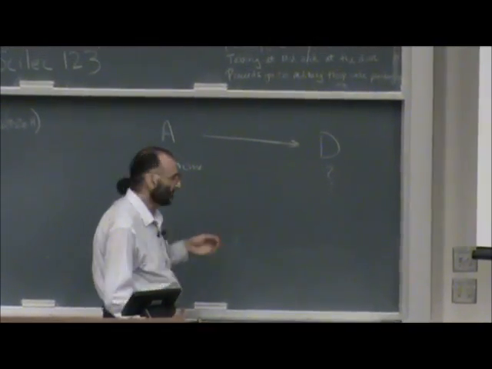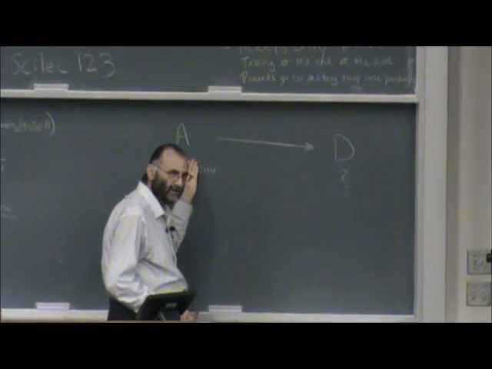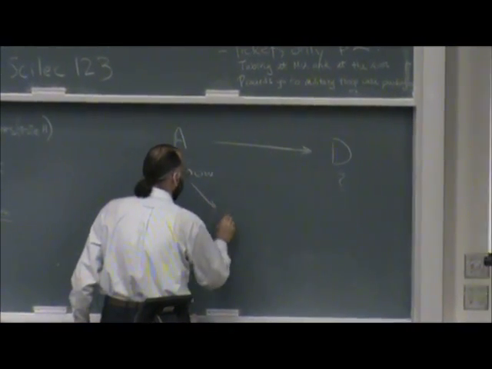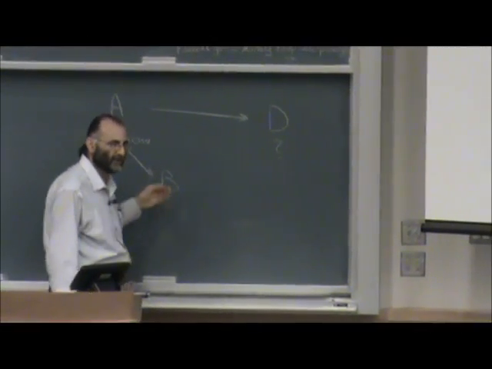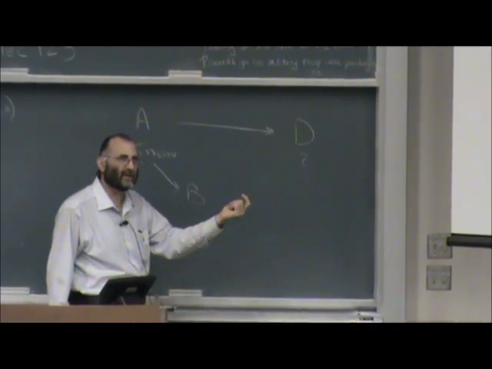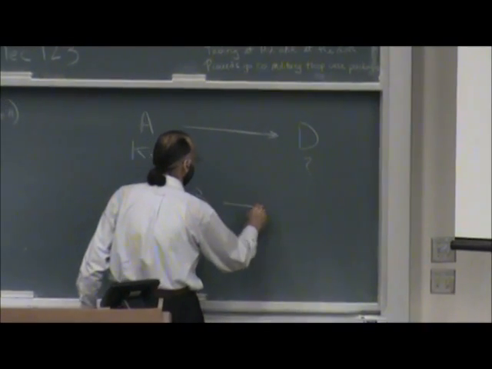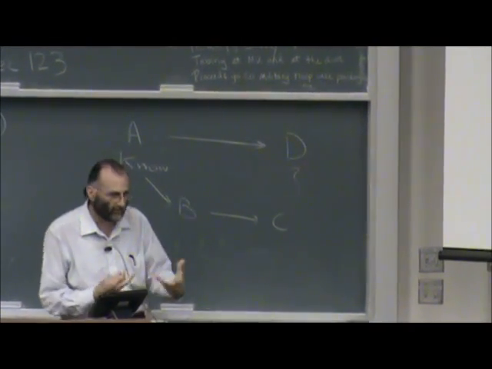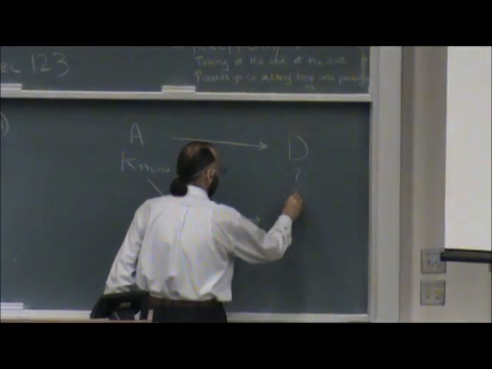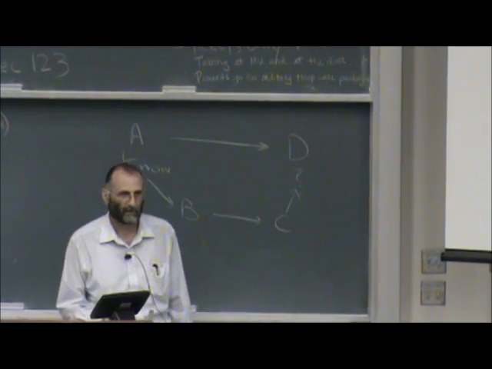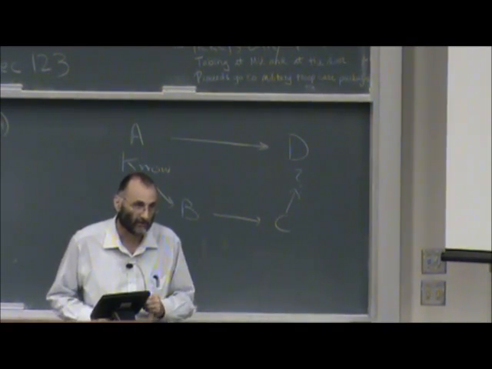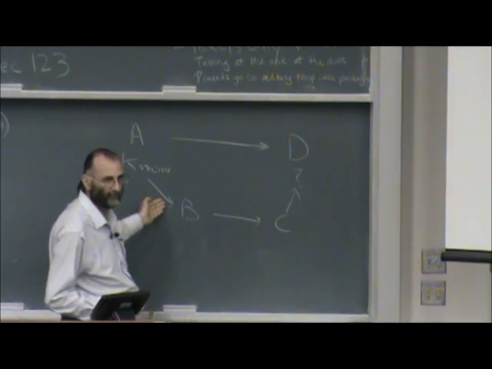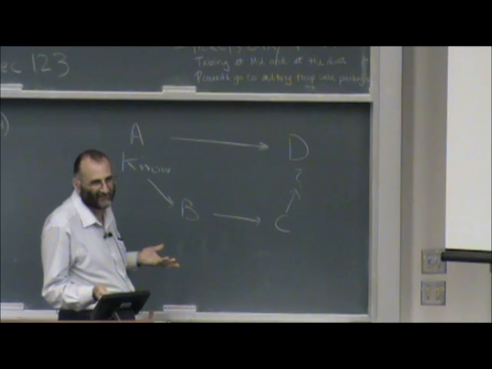Sometimes it is easy to say, okay, I know A, so if I know A, then I know B. And because I know B, I know an equation that relates B and C, so I know C. And then I know another thing that relates C and D, so I can go from C to D. That's going forward. Some problems are solved that way. Some other problems you cannot go this way because you cannot see this step, so you cannot start.